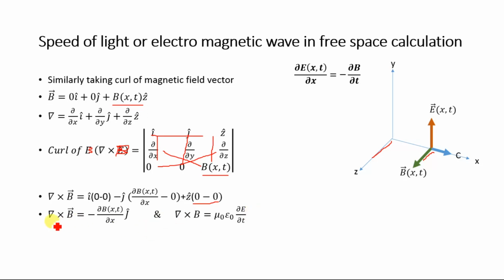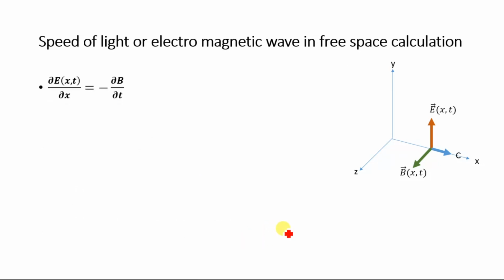Now again comparing these two equations, we will get minus ∂/∂x of B(x,t) is equal to mu naught epsilon naught ∂/∂t of electric field. Shifting the minus from this side to the right side, we will get ∂/∂x of magnetic field is equal to minus mu naught epsilon naught ∂/∂t of electric field.